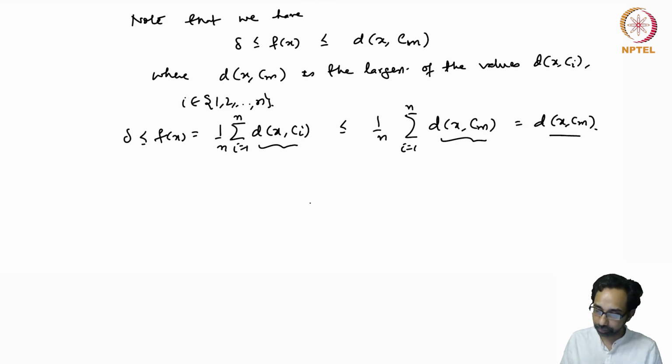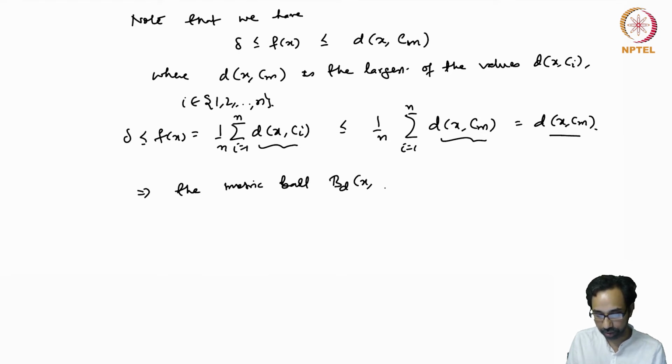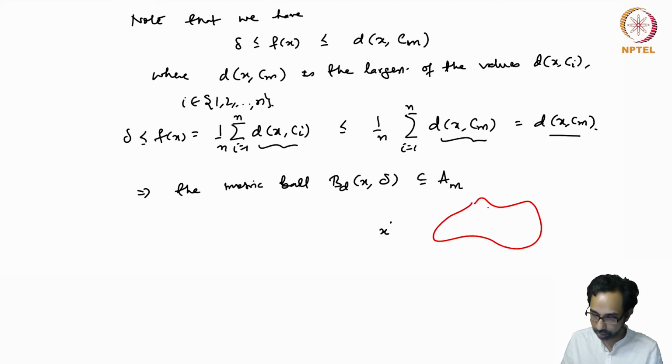So for some m we have this inequality, but this implies that the metric ball B_d with center x and radius delta lies completely inside AM. So you have this point x, and you have this closed set CM, and we are claiming that this distance is greater than delta.